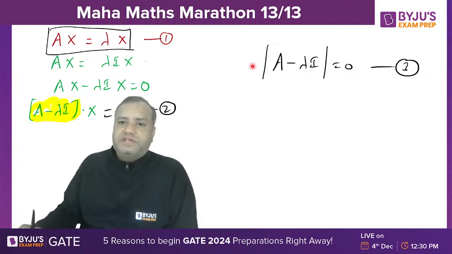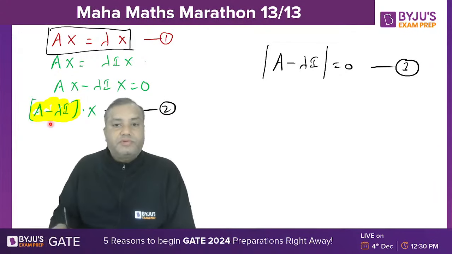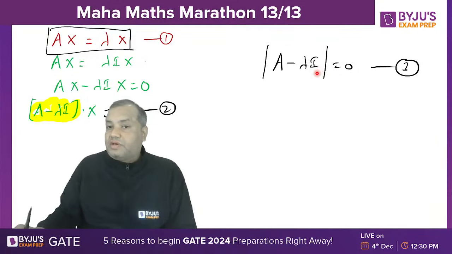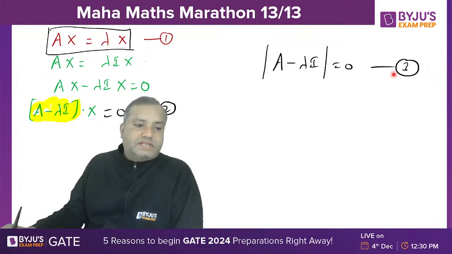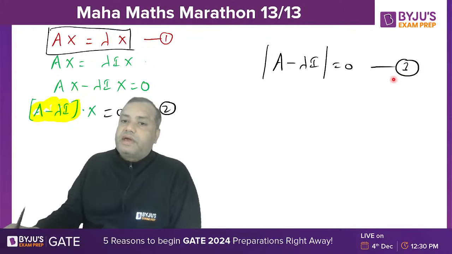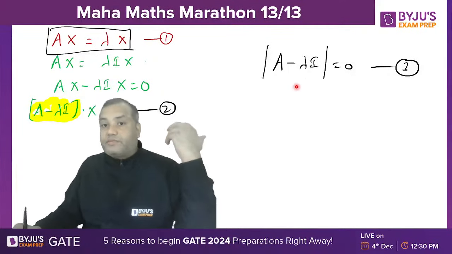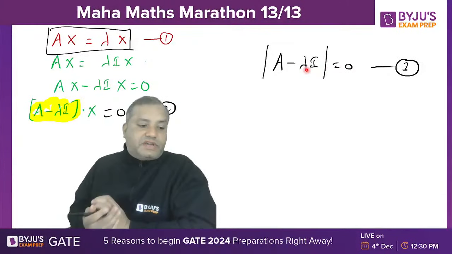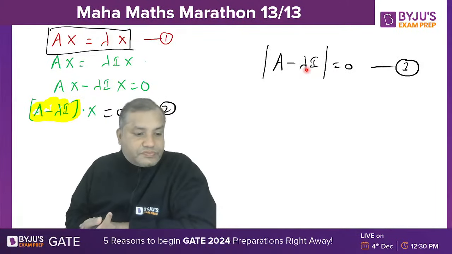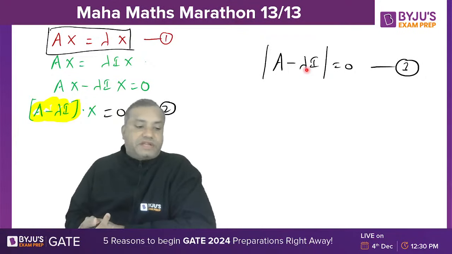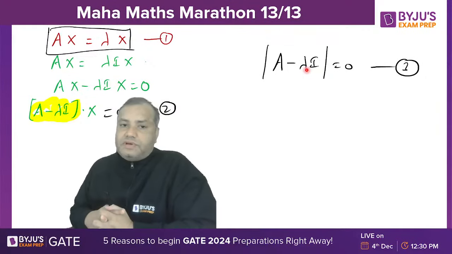This is the condition for the system to have a non-trivial solution. This equation 3 is called the characteristic equation, and the roots of the characteristic equation are called eigenvalues.